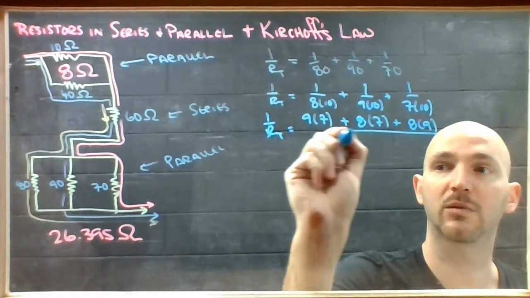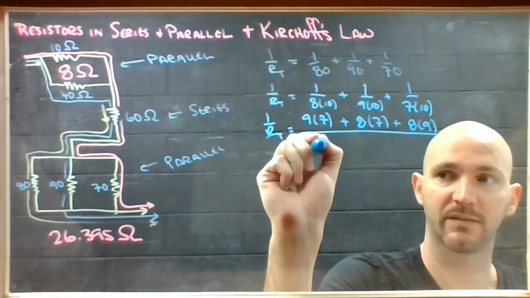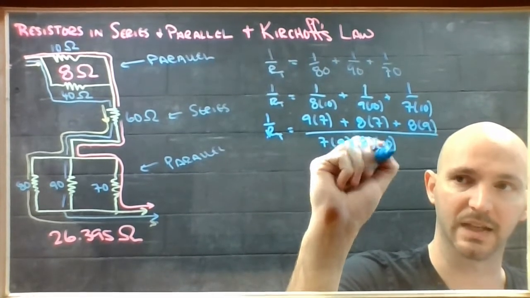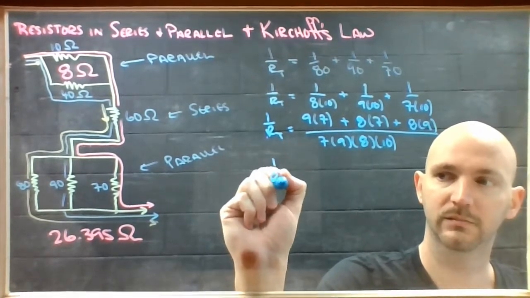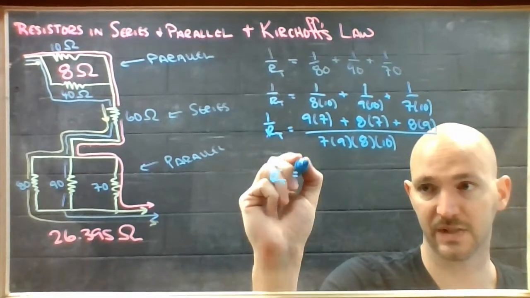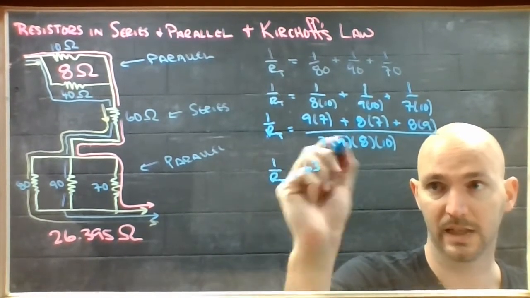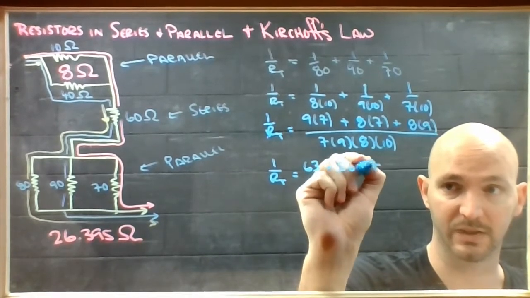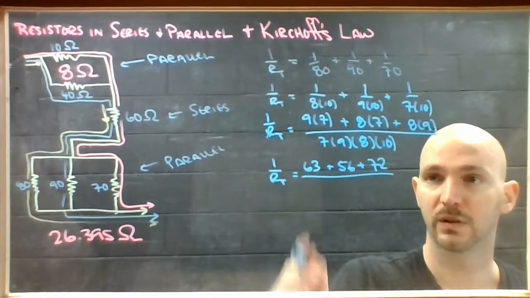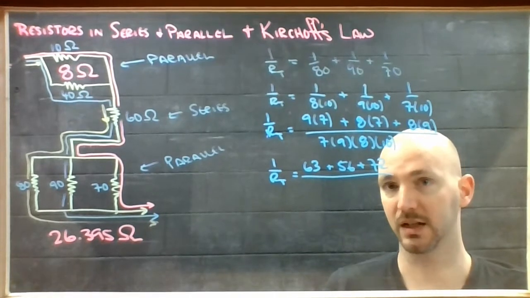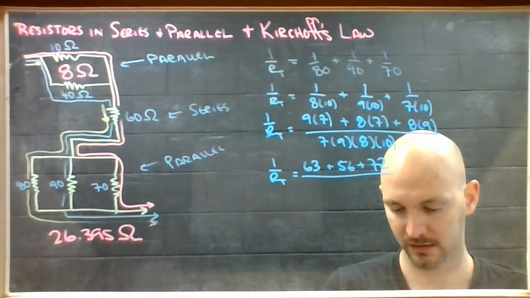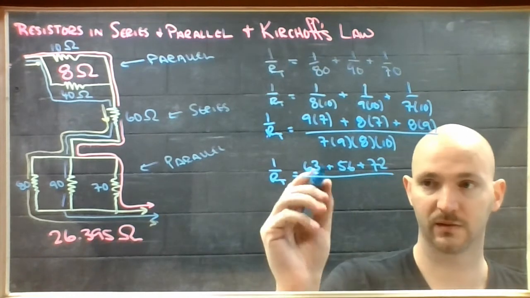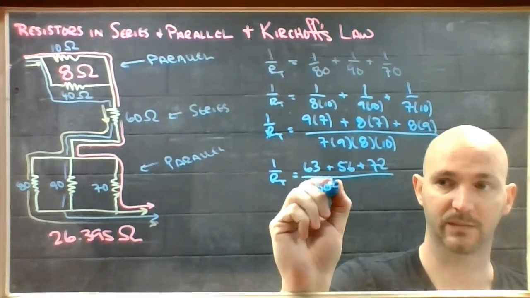And that should all be over a factor of 7, a factor of 9, a factor of 8, a factor of 10. So 9 times 7 is 63. 8 times 7 is 56. 8 times 9 is 72. And 7 times 9 times 8 times 10 is 5,040.